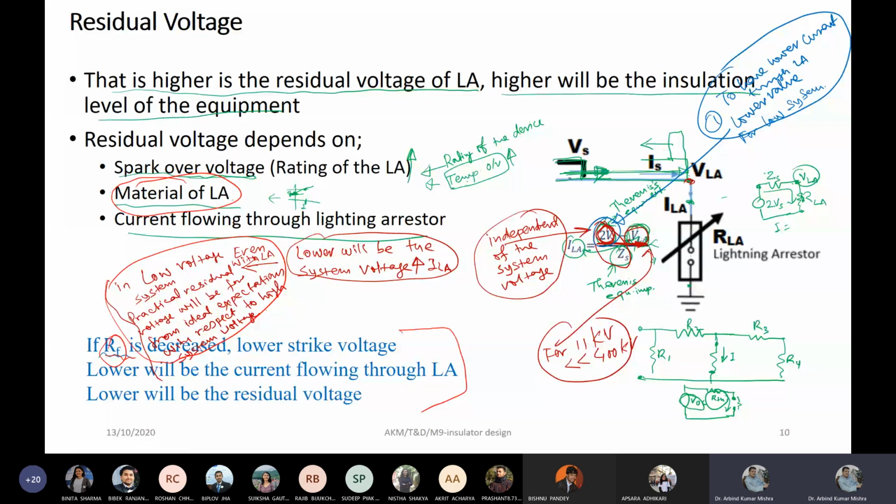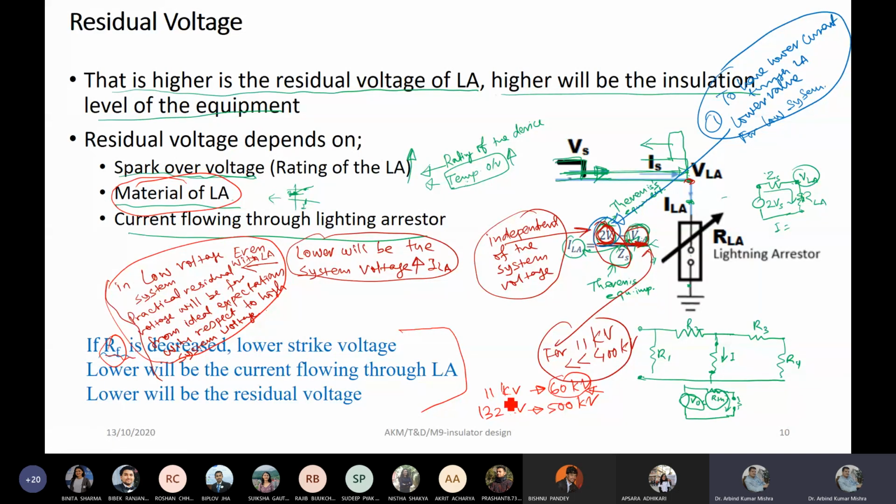For example, if you have an 11 kV system and a 132 kV system, we may expect the residual voltage to be around 60 kV for the 11 kV case, and around 500 kV for the 132 kV case. Now you can see that this 60 kV is of course much lesser than something around 600 kV without a lightning arrestor.